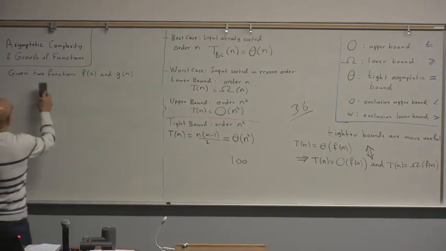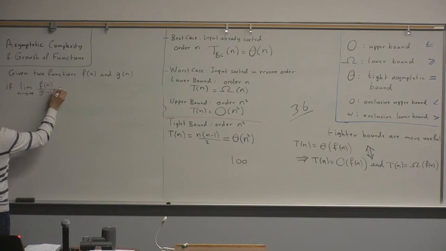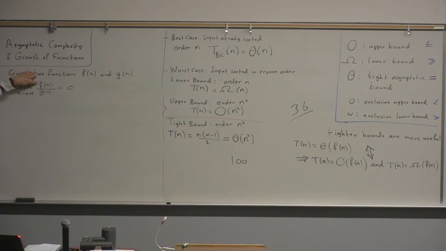So given two functions, f(n) and g(n), if the limit as n goes to infinity of f(n) divided by g(n) equals 0, what does this mean? It means the one in the numerator is smaller and the denominator is larger, as we go to infinity.